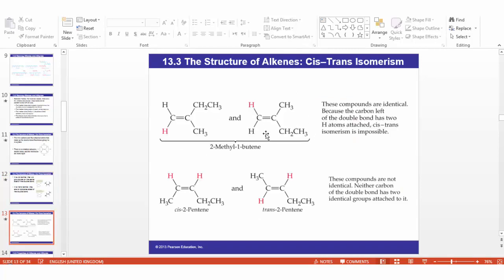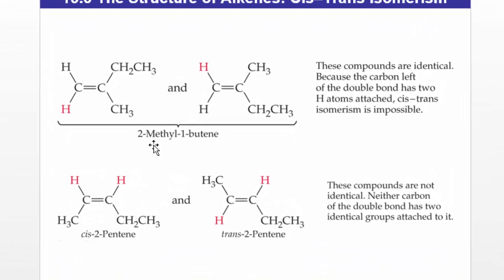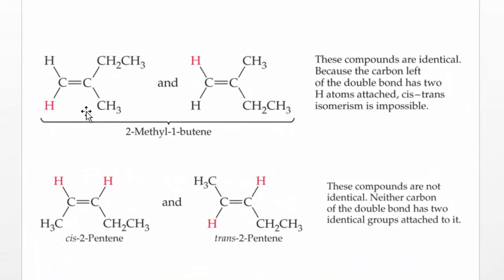Now, if we take this example, does the alkene 2-methyl-1-butene have cis-trans isomers? You draw it. You draw the double bond. It is at position 1. Then this is 1, 2, 3, 4. And at position 2 we have methyl. This is the substituent. So for the double bond, this carbon has 2 hydrogens.